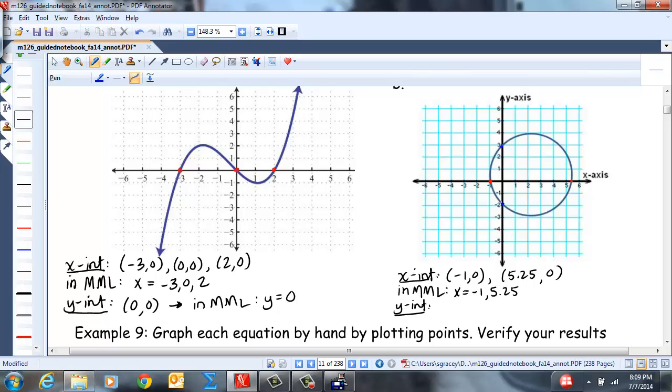Does that look all right? Approximately. So this would be the ordered pairs (0, -1.9) and (0, 2.9). And then in MML, you would just do the coordinates. So you would say y is -1.9, 2.9.